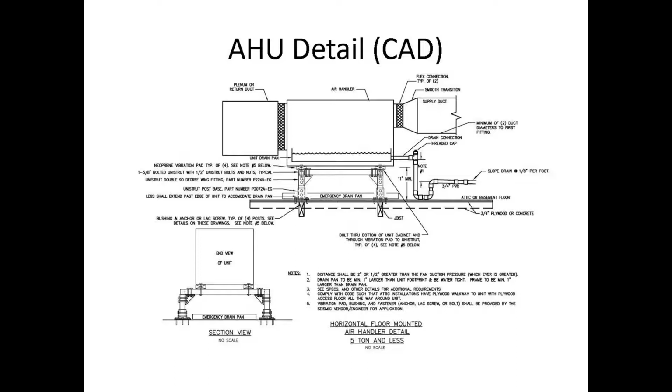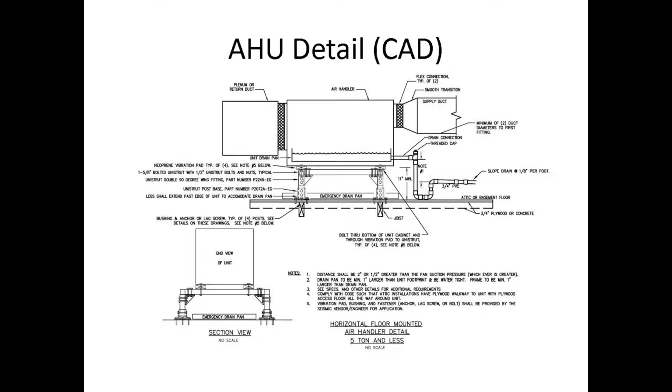They need to know all the dimensions, the parts and pieces, and how the piping connects. And this detail talks a lot about seismic. Every piece of mechanical equipment has to be bolted down so that if there is an earthquake, it won't shake off its base and fall through the ceiling and hit you in the head.